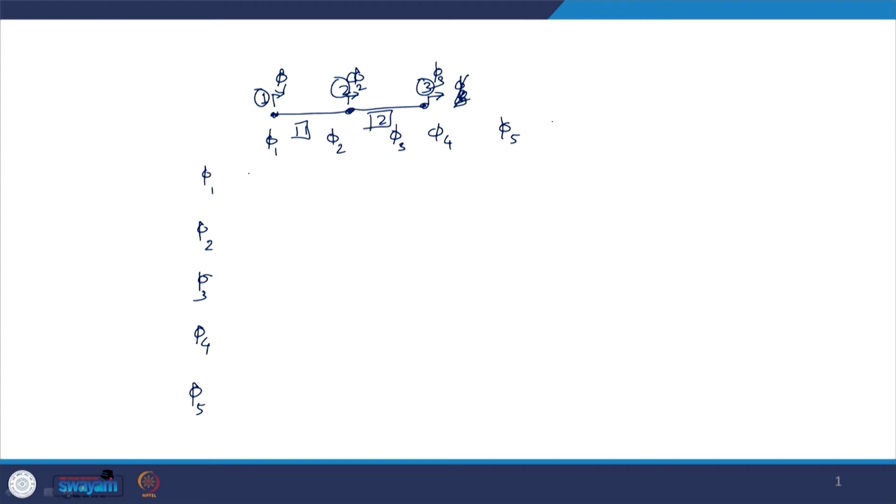So, for element number 1, this is what element number 1 is, and the corresponding terms in the force vector would be phi 1 and phi 2.